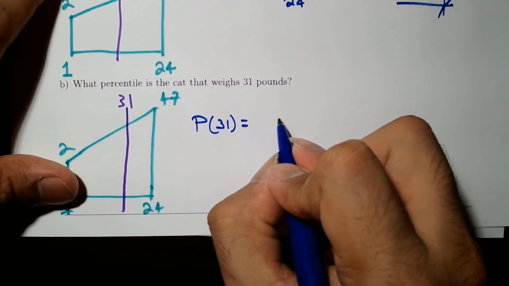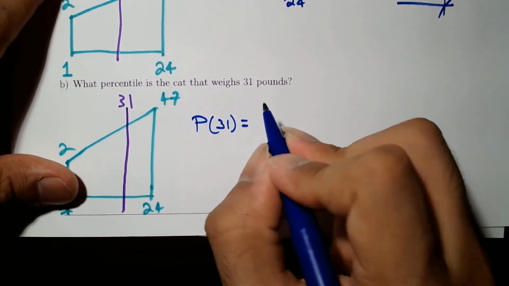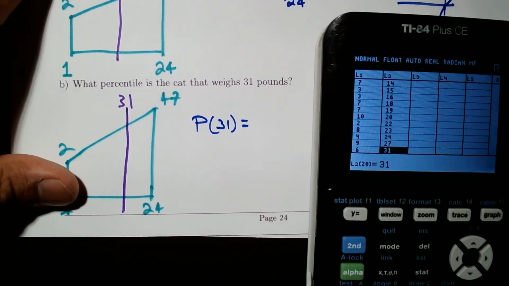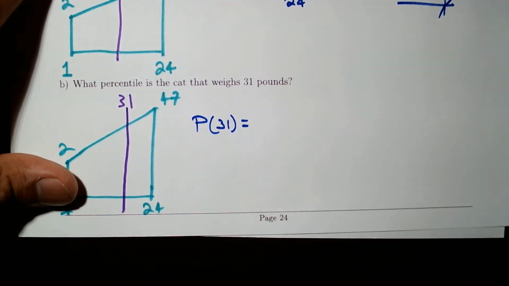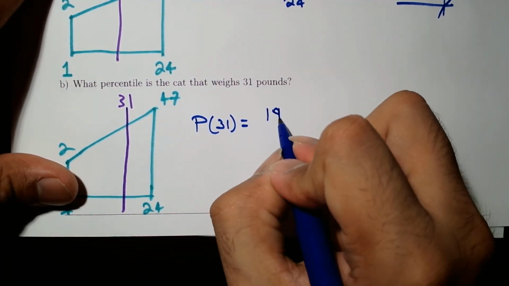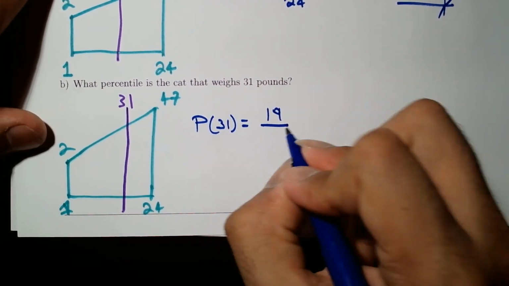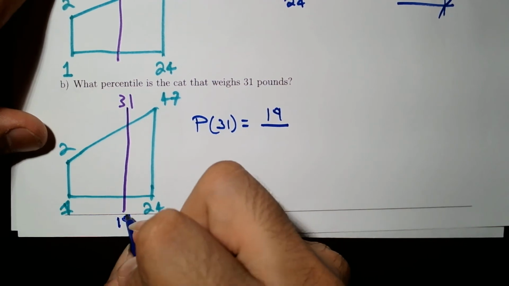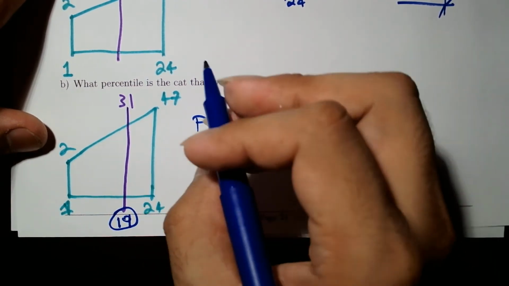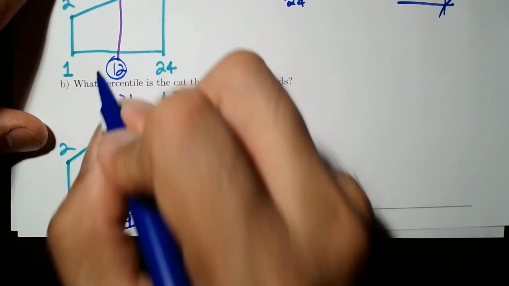Okay, so P of 31 equals the number of values below the value that we want to know. In this case, if we have 20, one less, so there are 19 values below that. Okay, so it's the 19th, and over here it was the 12th.